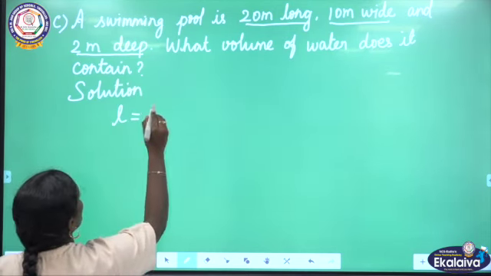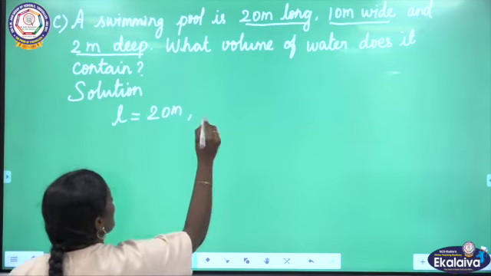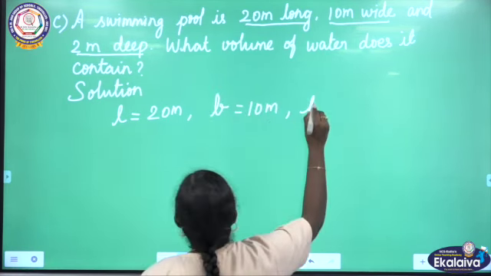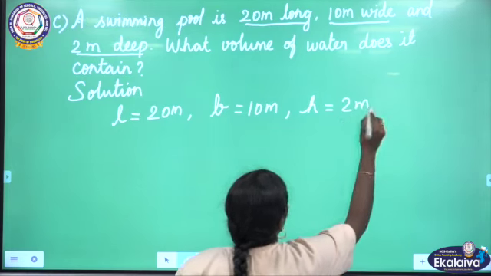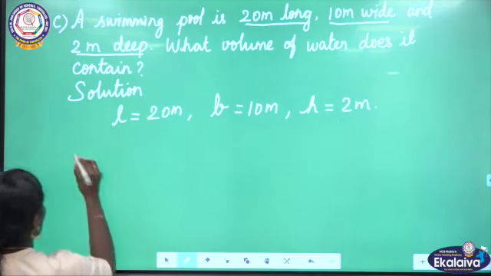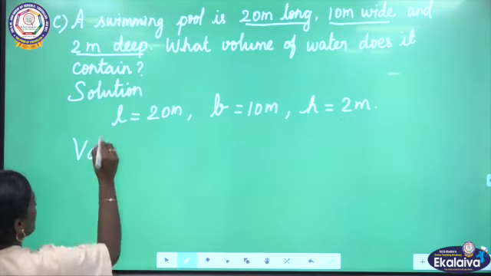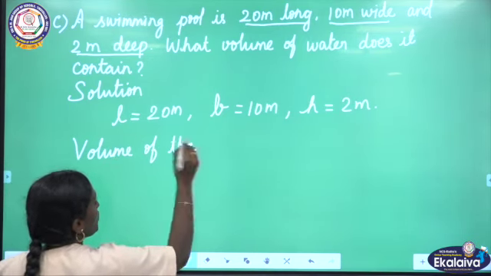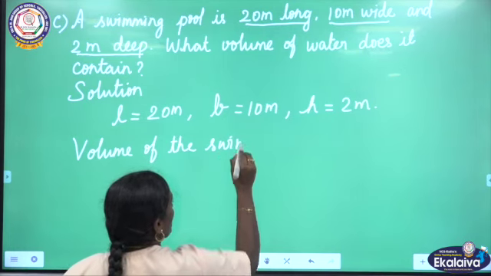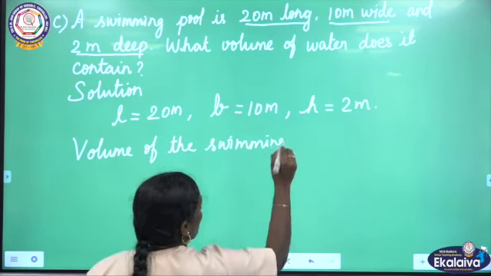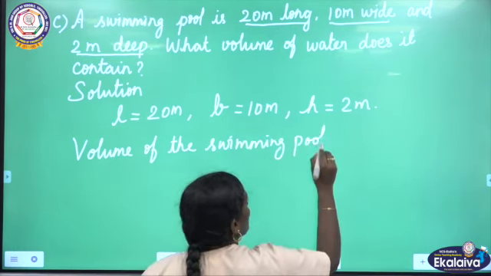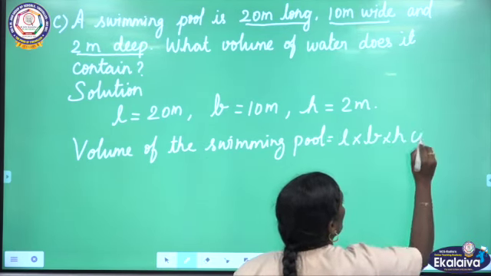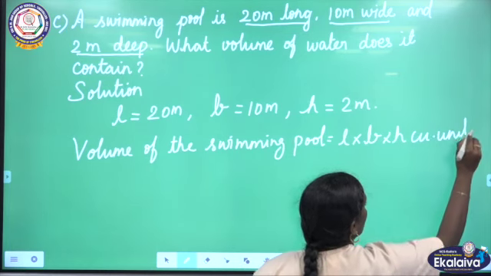Length is equal to 20 meter, breadth is equal to 10 meter and height is equal to 2 meter. So the shape of the swimming pool is cuboid. So volume of the swimming pool is equal to length into breadth into height, cubic units.